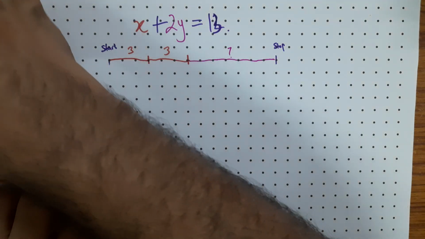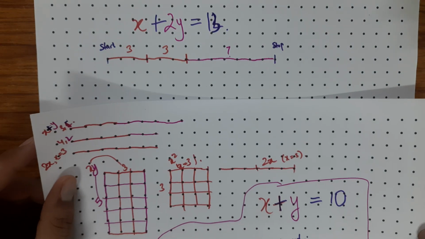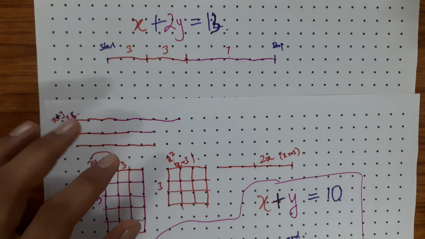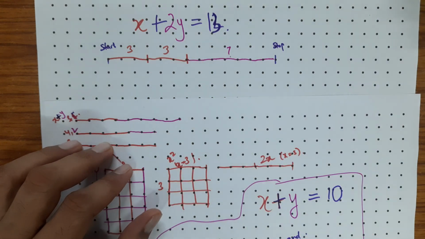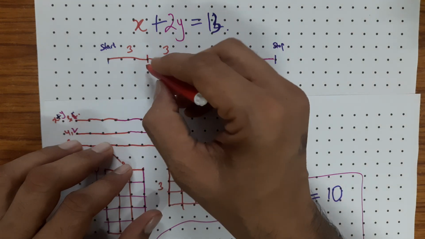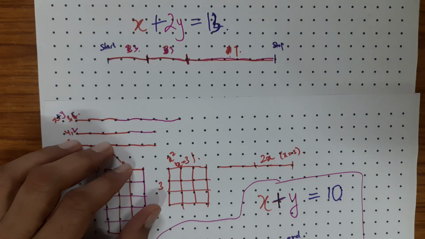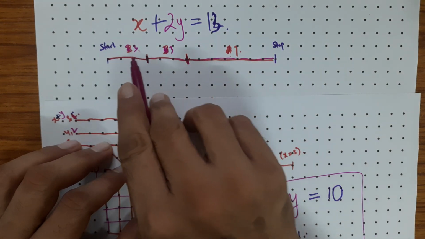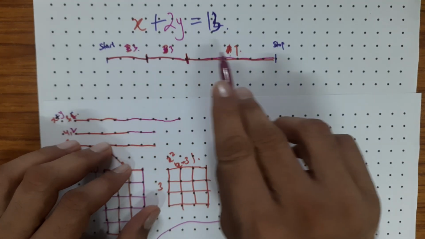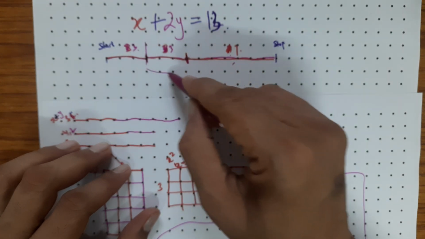But does this satisfy? Sorry, I made a mistake. I have done 2 times this, so that can't be. So this is y is equal to 3. I made a mistake. Okay, I did not mean to give out the answer, but anyway, it turned out that way. So there are 2 y's, 3 plus 3, and what's left for x is 7. And it turns out that this is also equal to 10.